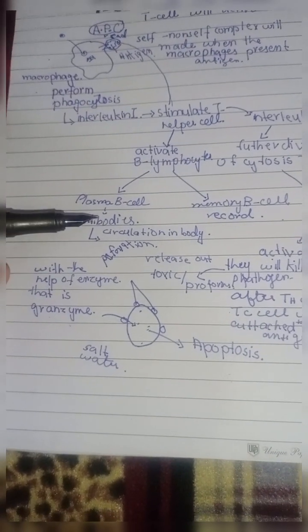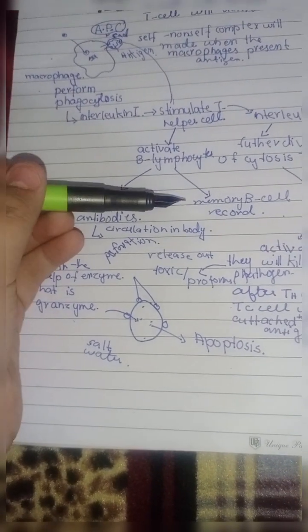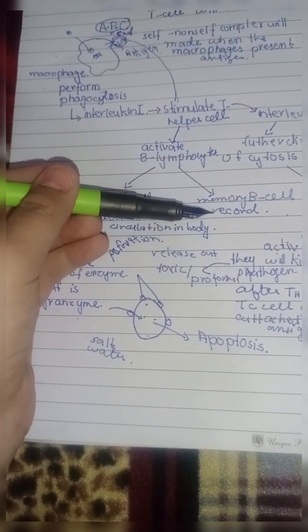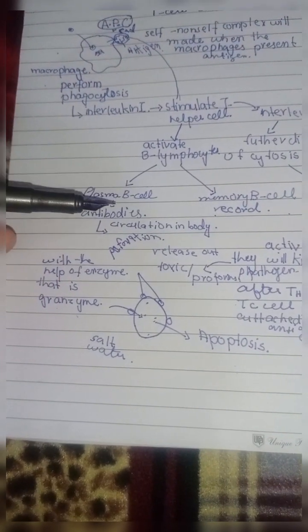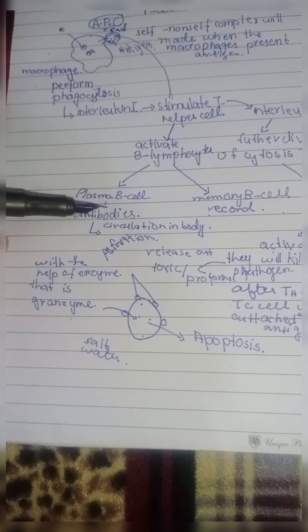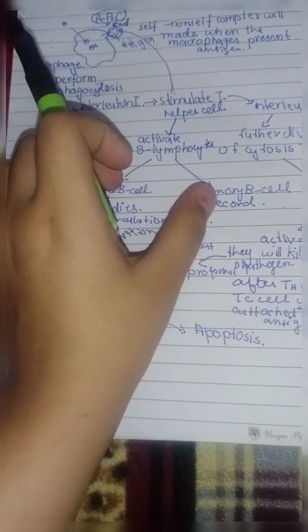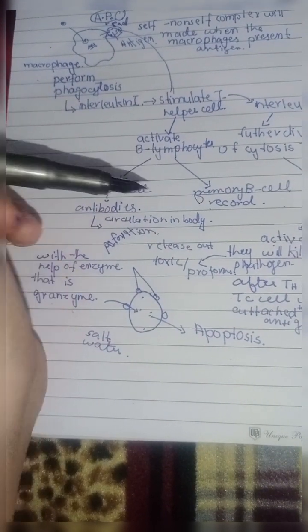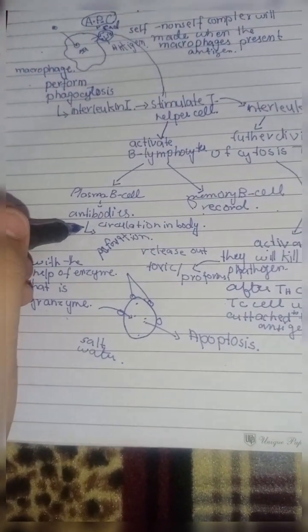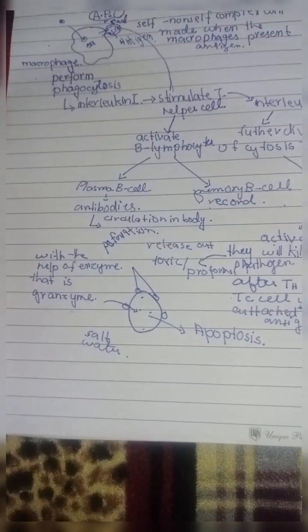B lymphocytes are divided into plasma B cells and memory B cells. Memory B cells will make the record, while plasma B cells make the antibodies, and the antibodies will circulate in the blood.